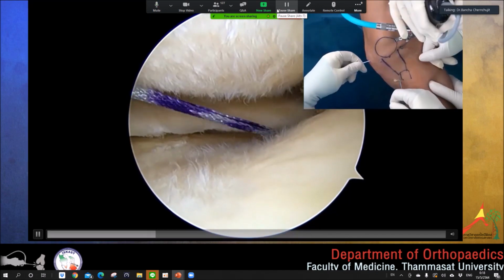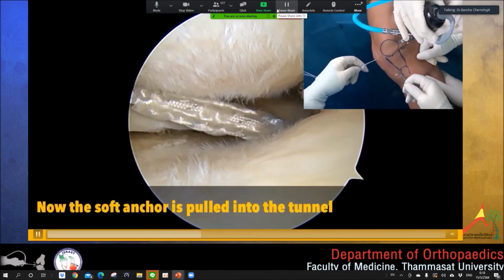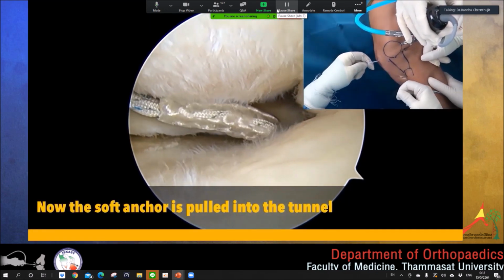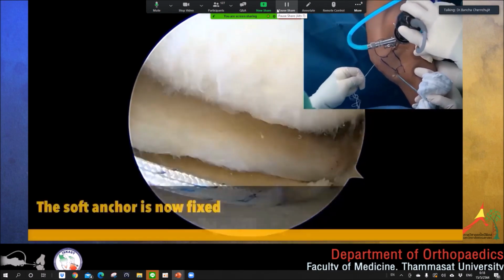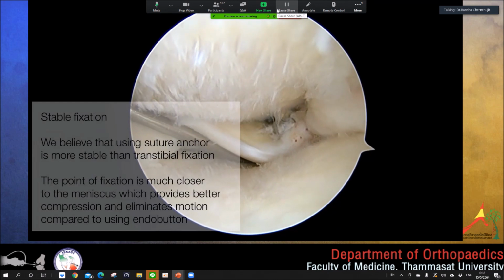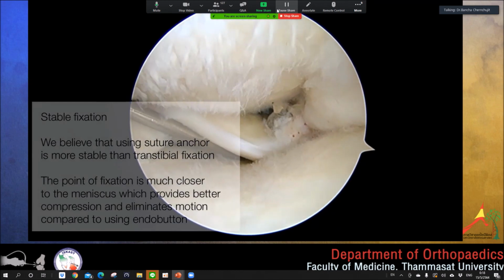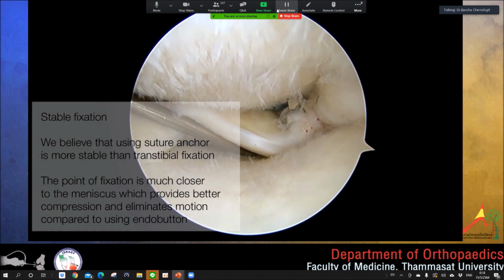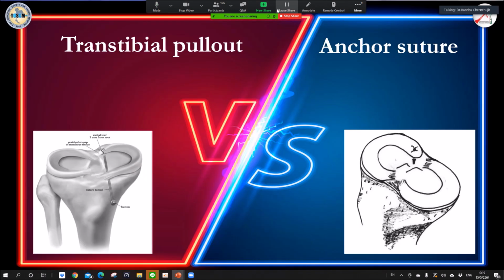So nowadays I use the soft anchor for meniscus repair, but this technique is pretty easy. You make a tunnel and then you pass the soft anchor into the tunnel. Okay, the benefit of this technique is that your fixation is close to the tear site, okay, and you can do better fixation using the suture anchor.